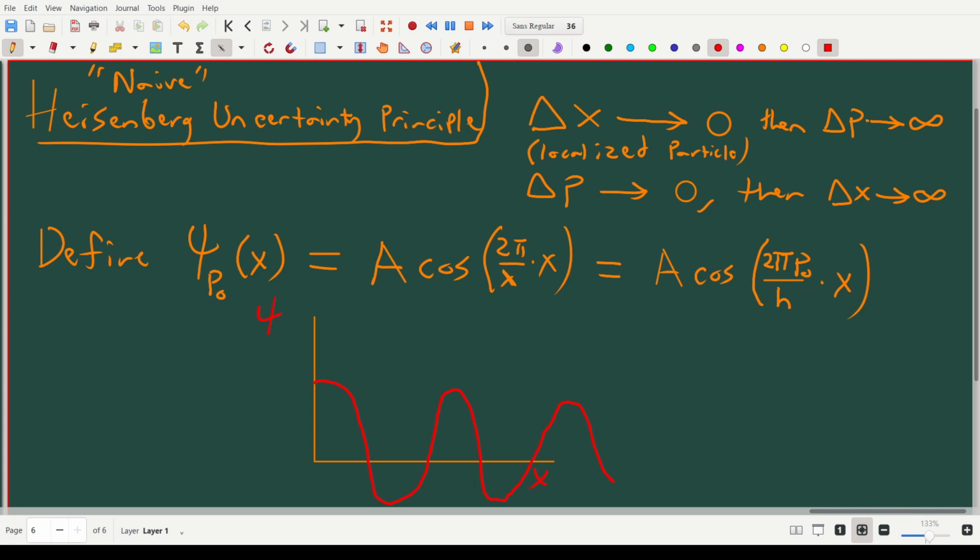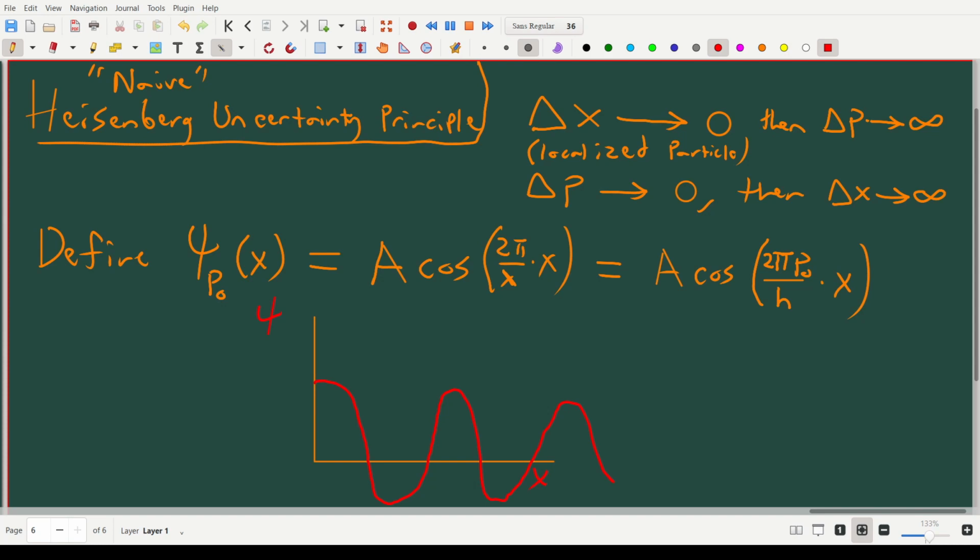Right? So this is the wave function of our electron of a defined momentum. And you can see why it's delocalized. If you know the momentum exactly, which means it has one frequency, it's just a sine wave or cosine, you can see why it's delocalized in space. Why we don't know anything about the position. Because let's square this.